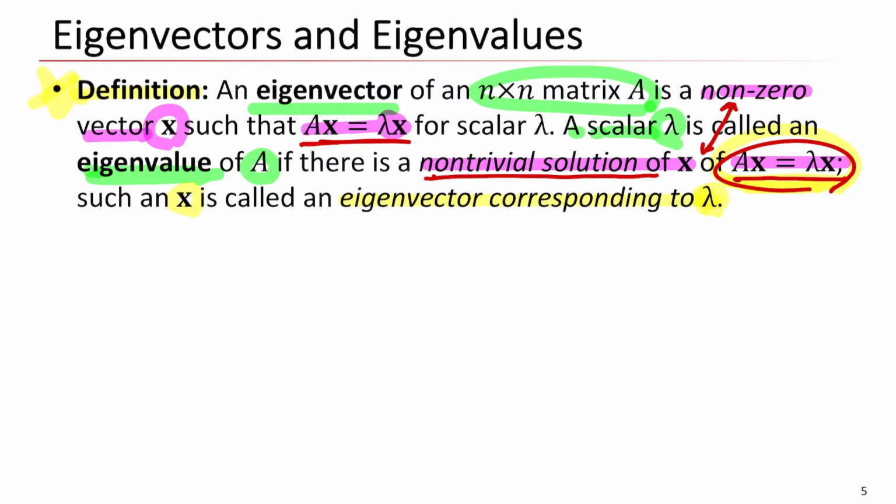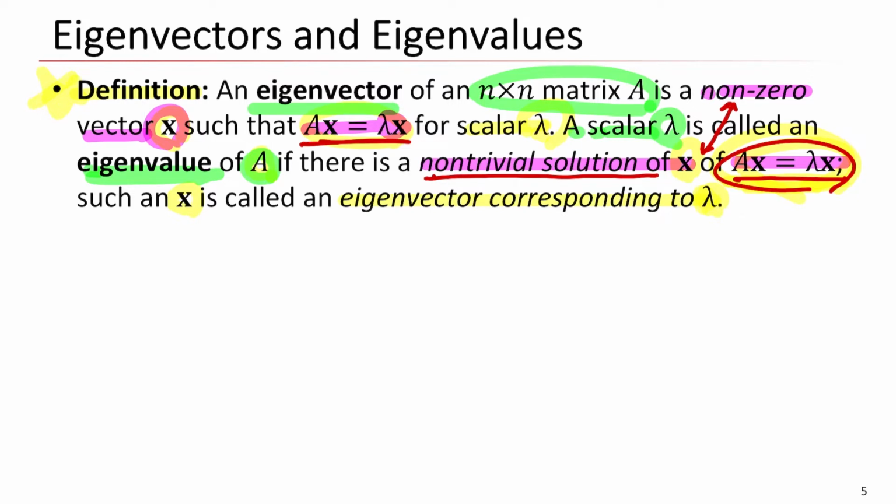Formally, an eigenvector is a non-zero vector x such that Ax equals lambda x for a scalar lambda, and the scalar lambda is called the eigenvalue of the matrix A if there is a non-trivial solution x of Ax equals lambda x. Such an x is called the eigenvector corresponding to lambda.